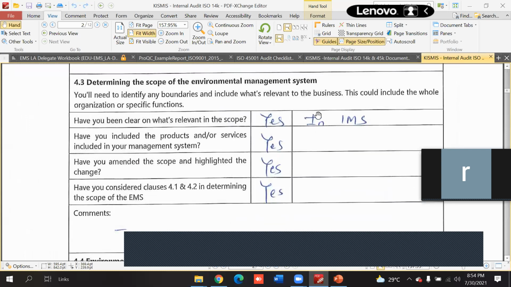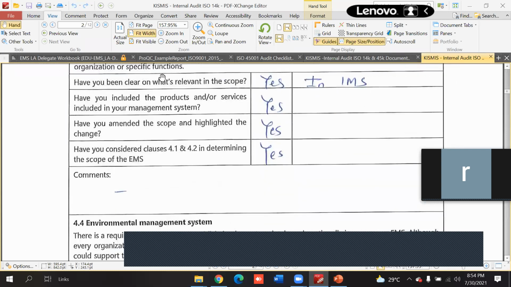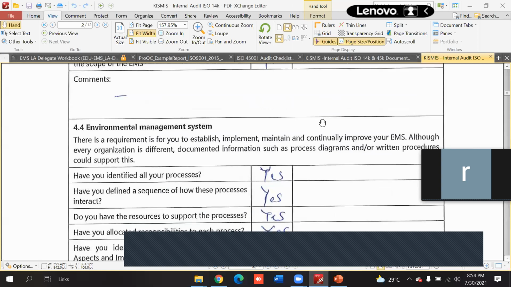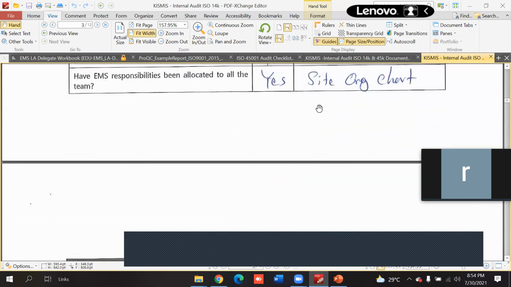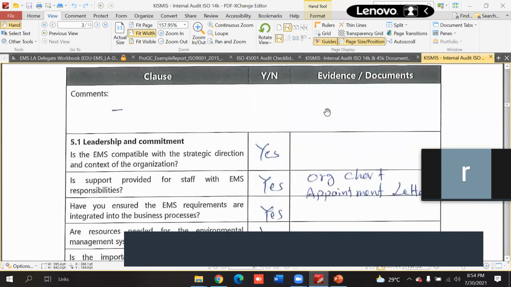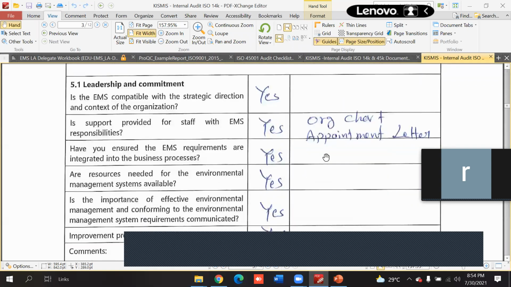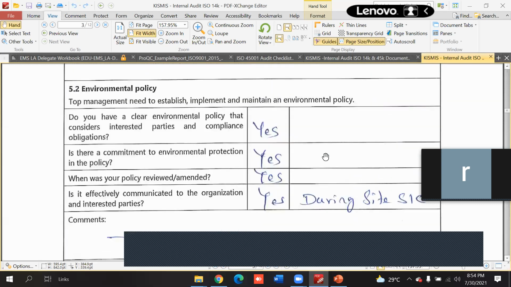Then clause 4.3, where you scope in the IMS, so they use a kind of checklist. Even handwritten can also. So when the audit comes, these internal audit items are what they will check when the external audit comes, right? So you need to create it as per your company standard.